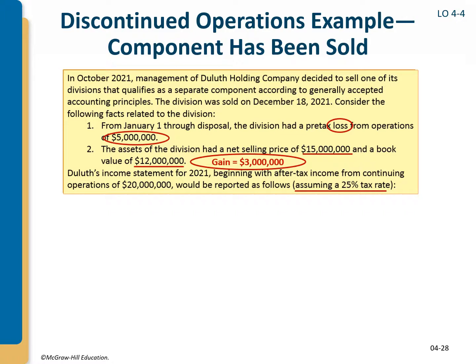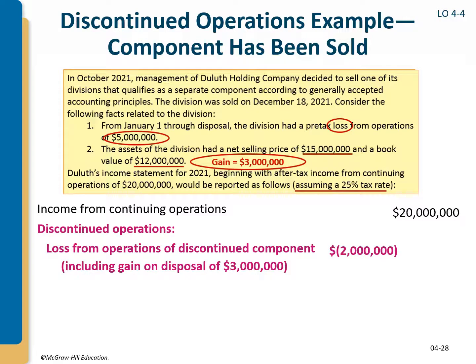What we do here is we're going to assume there's a 25% tax rate. So here's what happens. This company starts with income from continuing operations of $20 million. It already subtracted the income tax effect out. Now, the first thing we're going to do is report loss from operations of discontinued component.